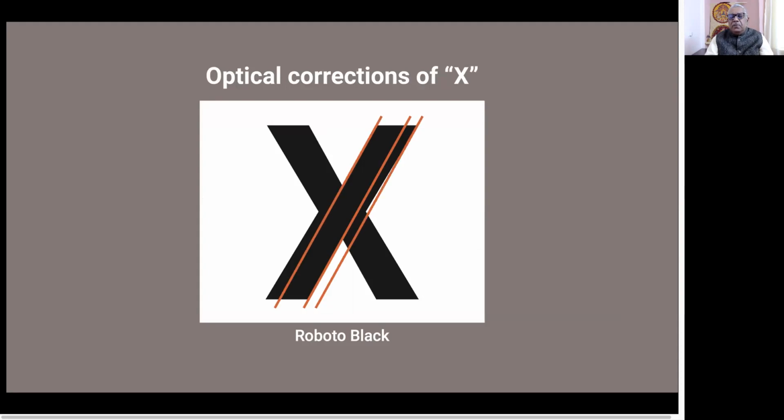So there are a lot of optical corrections done by the font designer to compensate for the movement of the eye and the perception of getting a symmetrical visual structure. There are a lot of such corrections done in this letterform X. It itself is a very important lesson in font design.